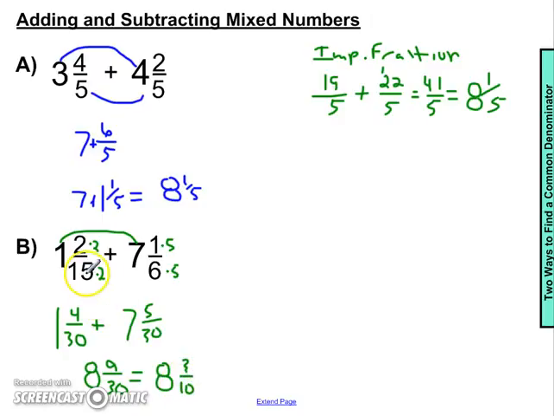Now again, I could have done these as improper fractions. 15 plus 2 is 17, over 15. 6 times 7 is 42, plus 1 is 43 over 6.